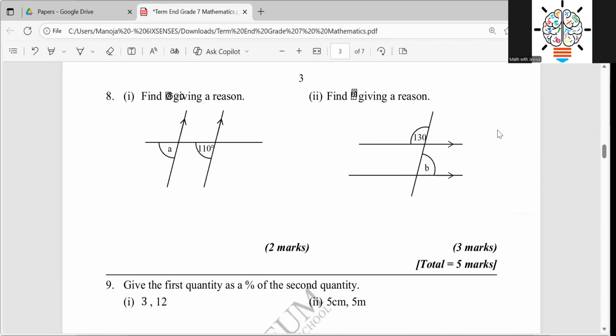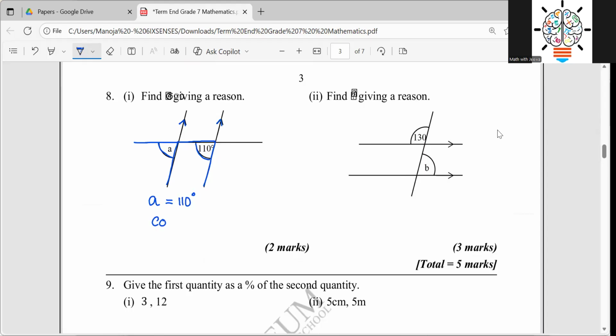Okay, so then here you can see these lines are parallel, okay? And you can see here, look at this. Okay, you have the F letter. So then straight away, you can write A is equal to 110 and reason corresponding angle.